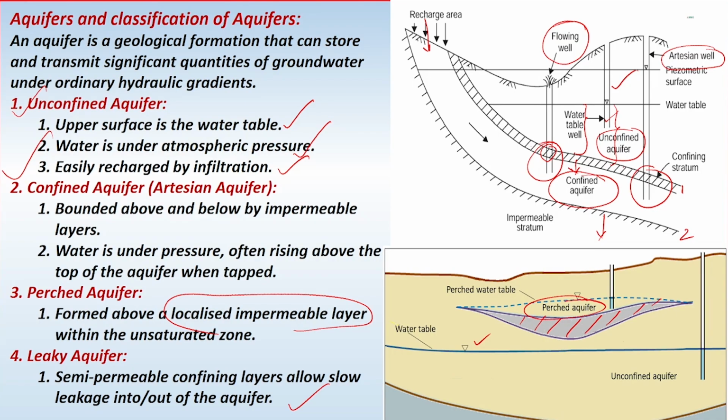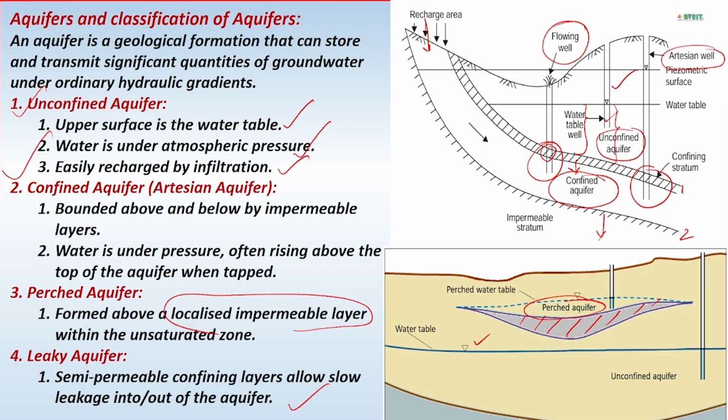What is the perched aquifer? In the zone above the water table up to the ground surface, if there is a localized impermeable layer in which water is stored, that is what we call a perched aquifer. And a leaky aquifer means that in this confined aquifer, either the top or bottom impermeable layer is a little bit semi-permeable, so water will leak out of the aquifer or leak into the aquifer.